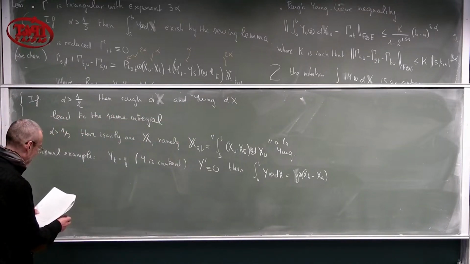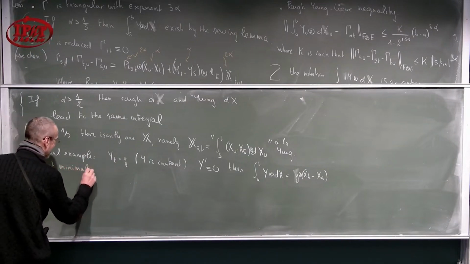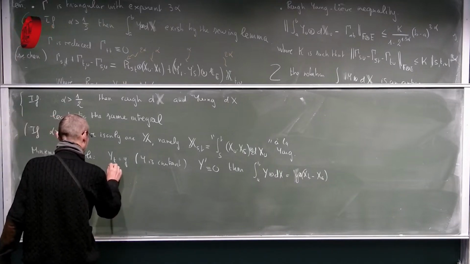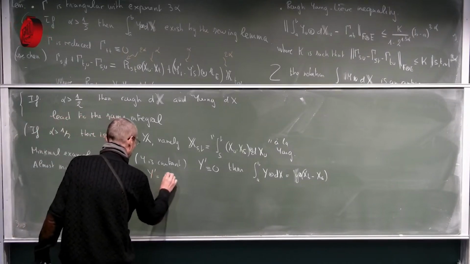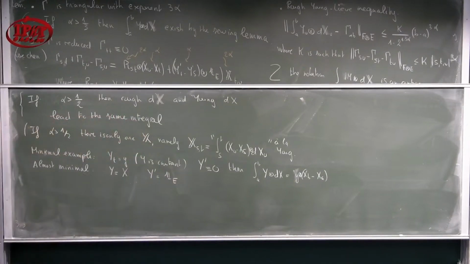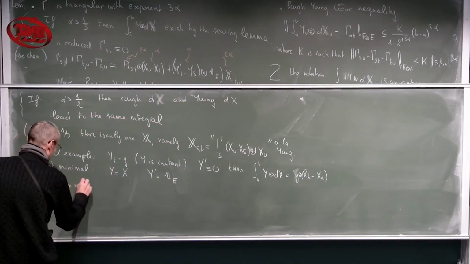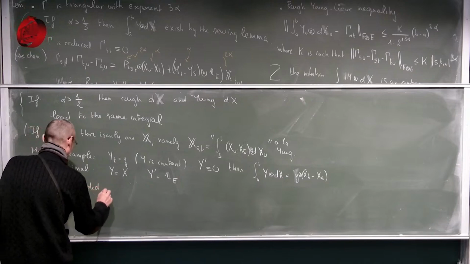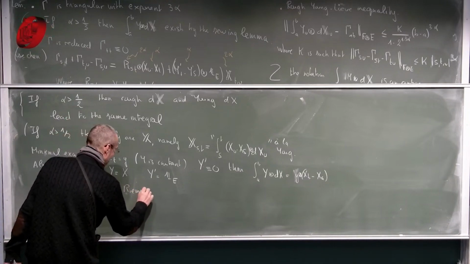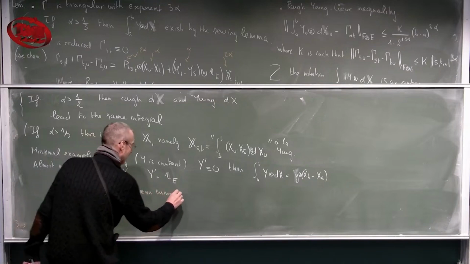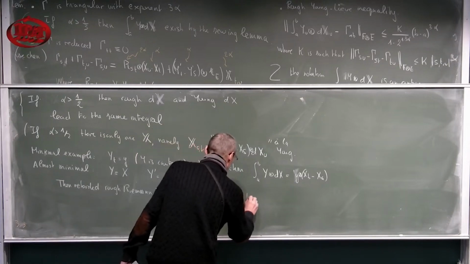And then almost minimal example. I imagine that y is equal to x, y prime is equal to the identity linear map on E, and then retarded, advanced would be the same, retarded rough Riemann sums are telescopic, due to Chen.